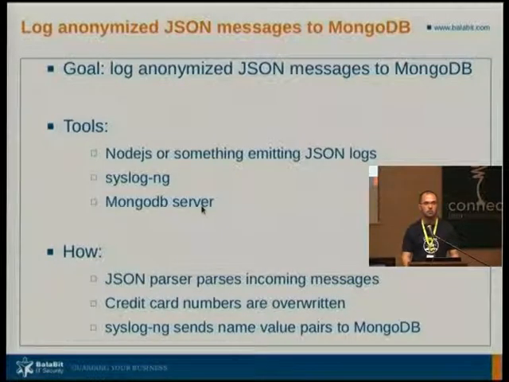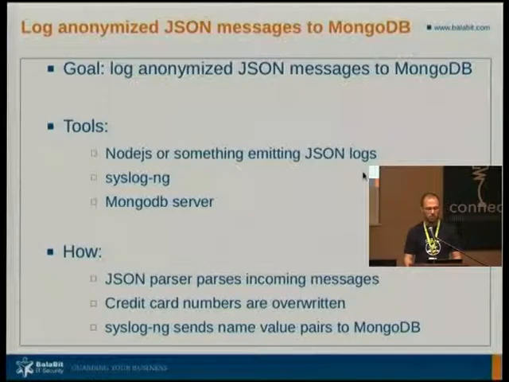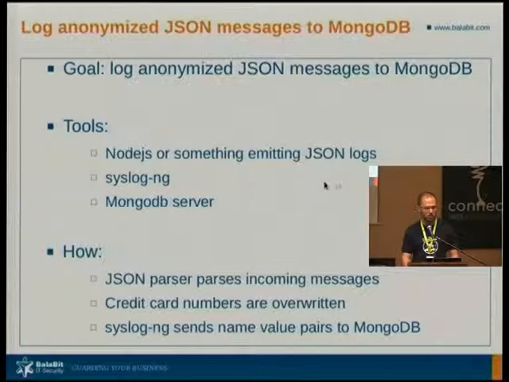MongoDB is quite interesting as, unlike traditional SQL servers, it can store just about any name value pairs. It doesn't have a fixed table structure, so it's an ideal destination for name value pairs parsed by PatternDB or any of the other parsers.